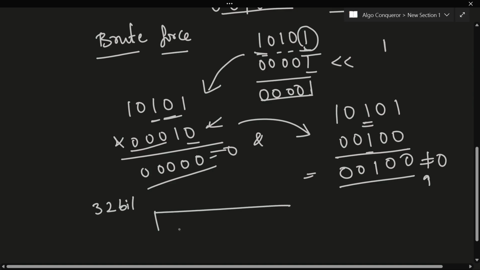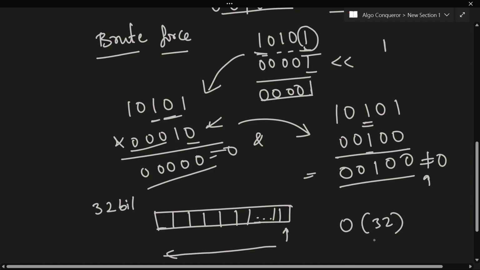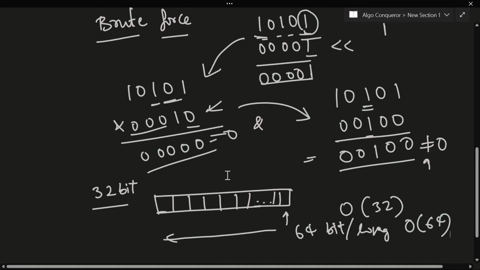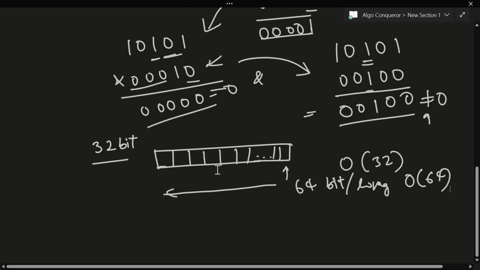So you have 32 positions in the binary representation, and you have to check each and every position. So the time complexity becomes O of 32. If the integers had been represented in 64-bit or long, then it will become O of 64. So in this case, you are checking every particular bit.